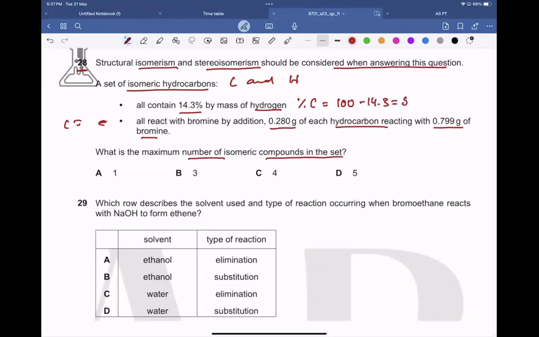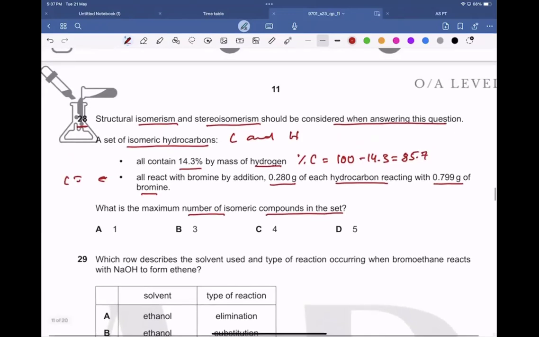Okay. So now first find the empirical formula. I think it will help us to figure out, but there is one issue.